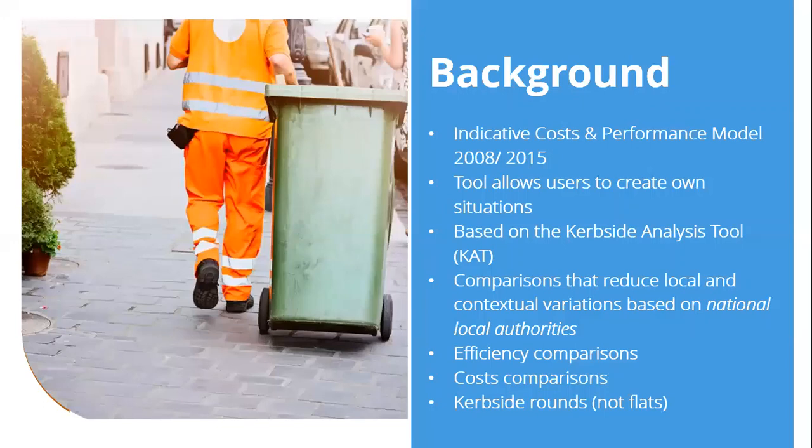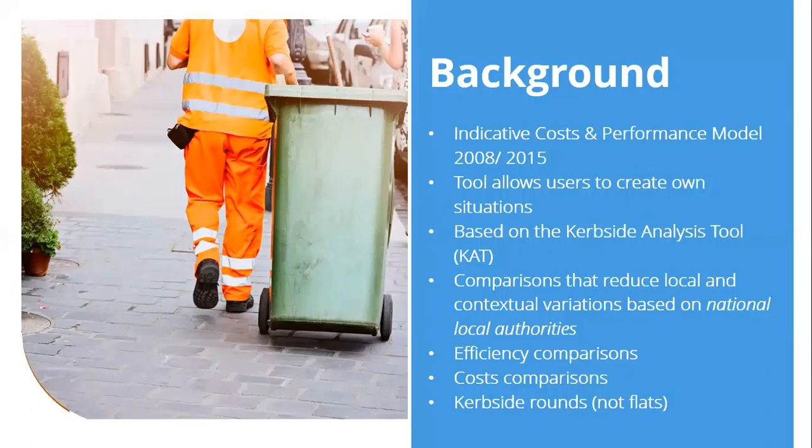So a little bit more background. In 2008, the first indicative cost and performance model project was set up by RAP. And then we updated that in 2015. And when we were looking at the outputs, there were so many outputs that we decided actually we needed a tool to allow people to understand their own situation rather than read through tables and graphs galore in a report.